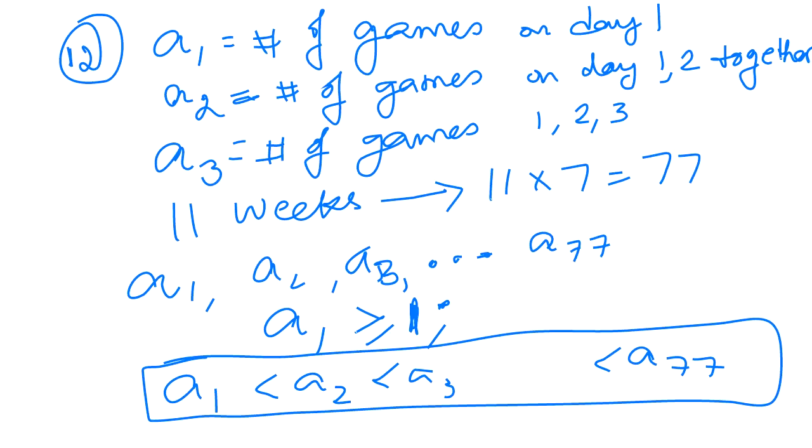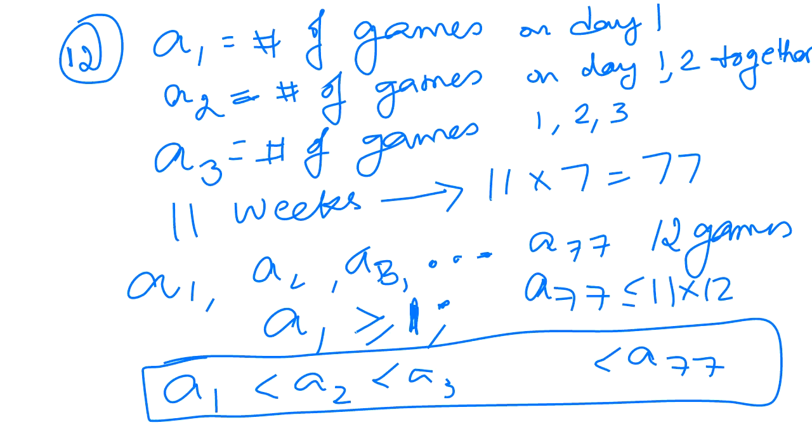Also he says he plays at most 12 games per week. So the total number of games he practices at the most is less than or equal to 11 weeks times 12 games per week.